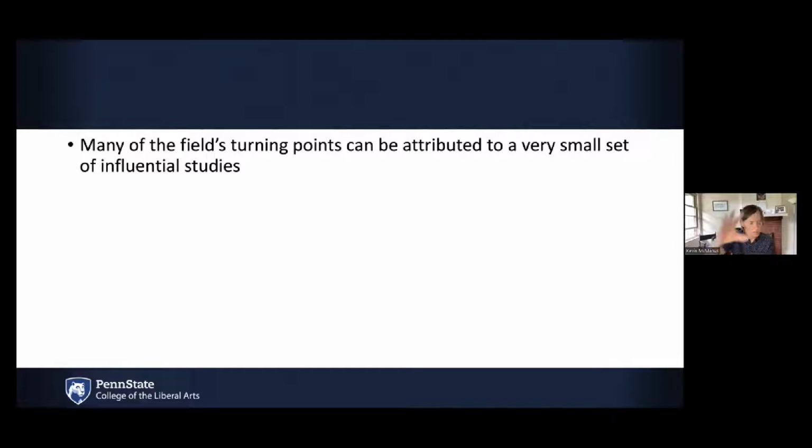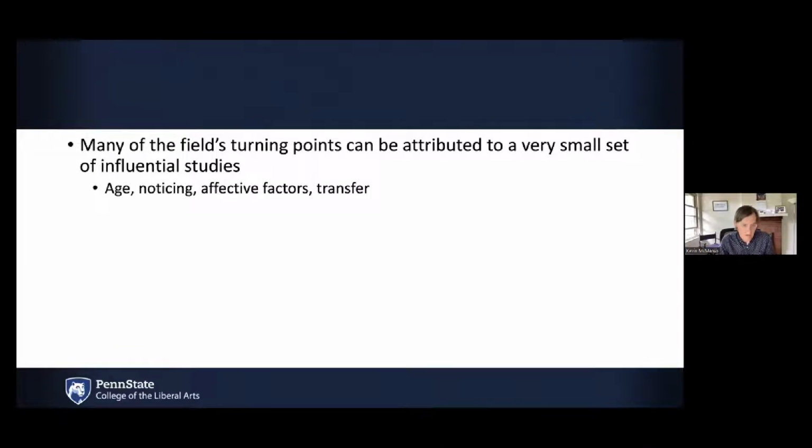And so what we got there is just one example of how many of our key ideas, or what we might call turning points in the field, might be attributed to a very small set of extremely influential studies, right? That kind of trajectory that I was talking about is just one example of that, okay?